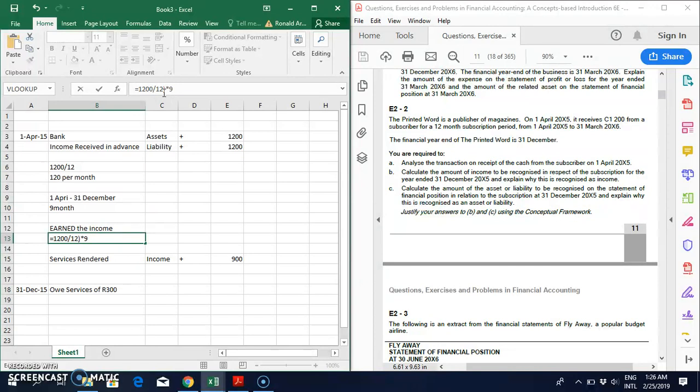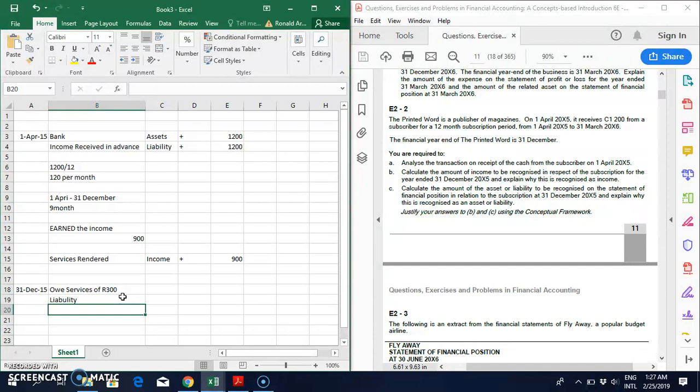Let's just double check our answer. So this part that we owe remains a liability. And what is the definition of a liability? So we go back to our definition of a liability, write down our definition, and then apply the definition. Is it still a present obligation? Yes, it is. We still owe 300 Rand's worth of service.